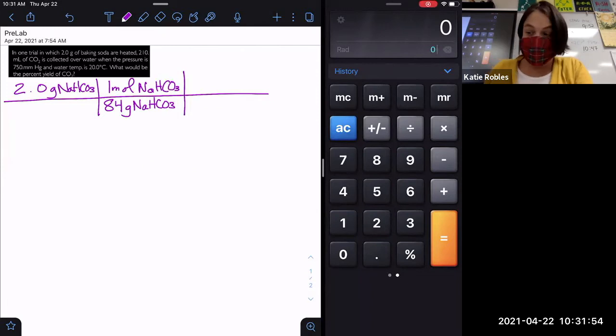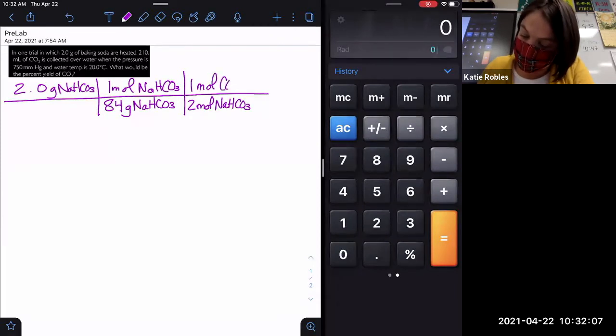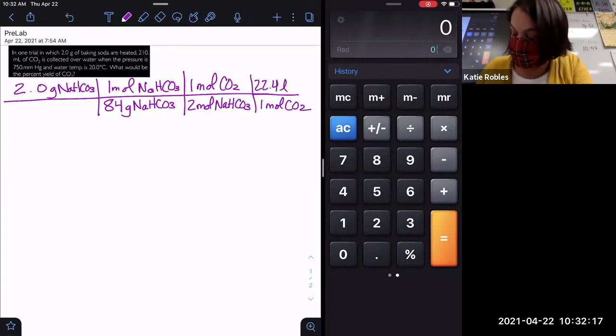Then I'm going to compare using the balanced chemical formula. Remember, there were 2 moles of this. This is back to the balanced chemical formula, to every 1 mole of CO2. Okay? For every 1 mole of any gas, there are 22.4 liters of any gas.